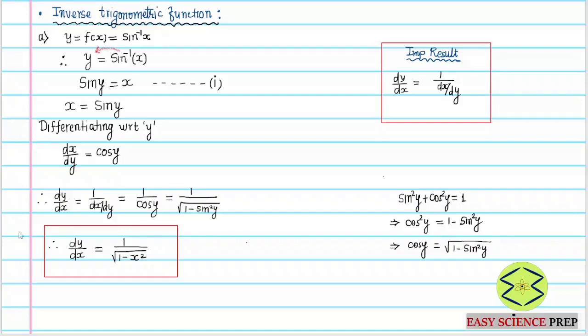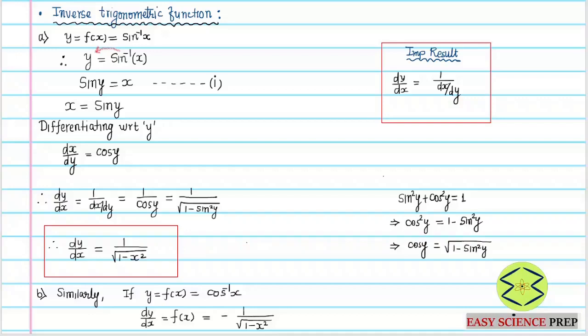Similarly, you can find y equals f of x equals cos inverse of x. If you continue with the same method, you will end up getting minus 1 divided by root of 1 minus x square. So you can derive the derivative of cos inverse of x in the same way.